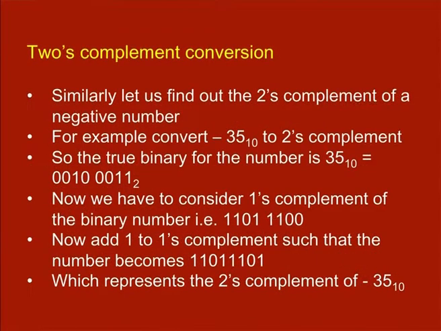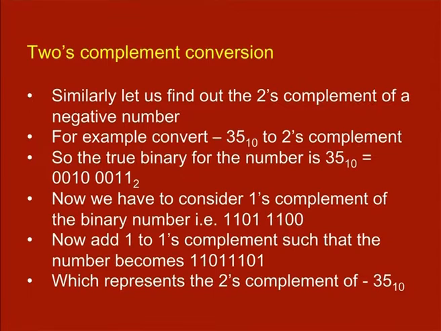Similarly, let us find out the 2's complement of a negative number, and let us consider the example of converting minus 35 in decimal to a 2's complement number. The true binary for the number 35 is 00100011. Now, we have to take the 1's complement of the binary number.